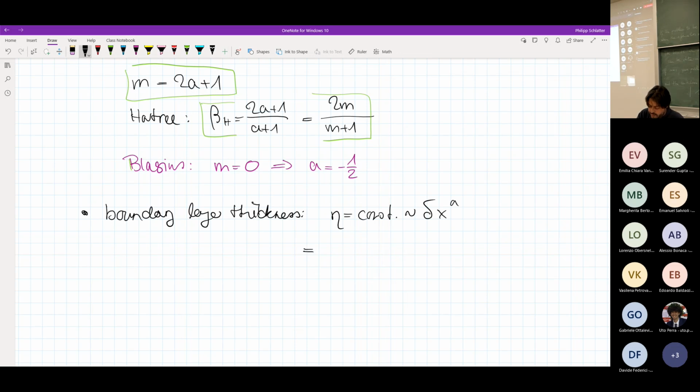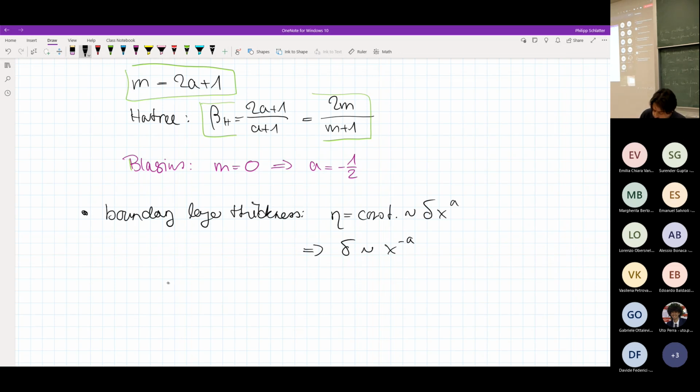And of course, if I turn that around, that means that my boundary layer thickness would be proportional to x to the minus a. That's the stretching that I would have downstream from my similarity variable.